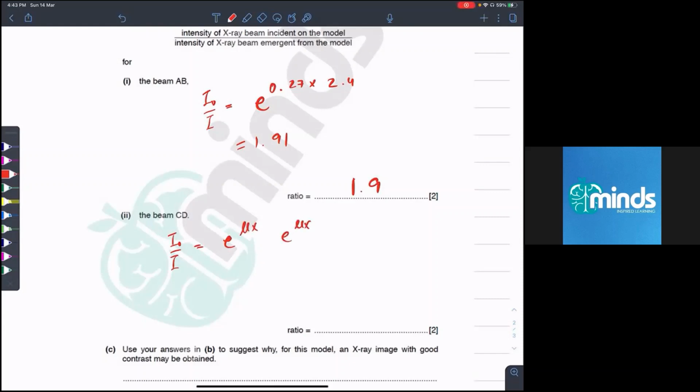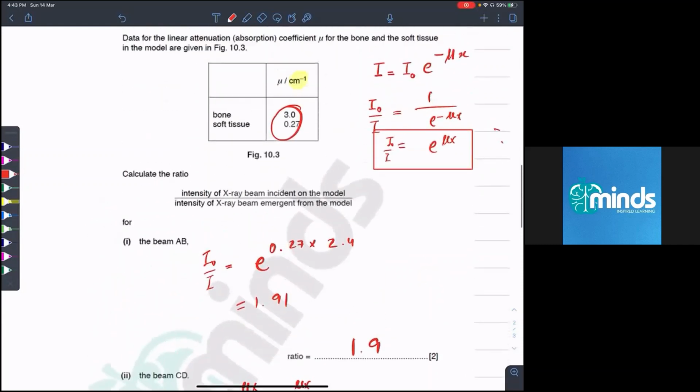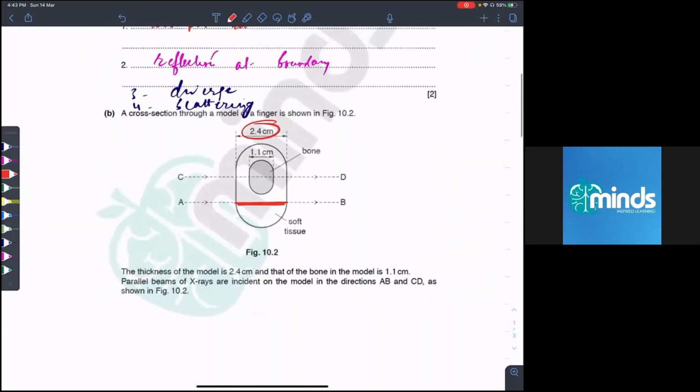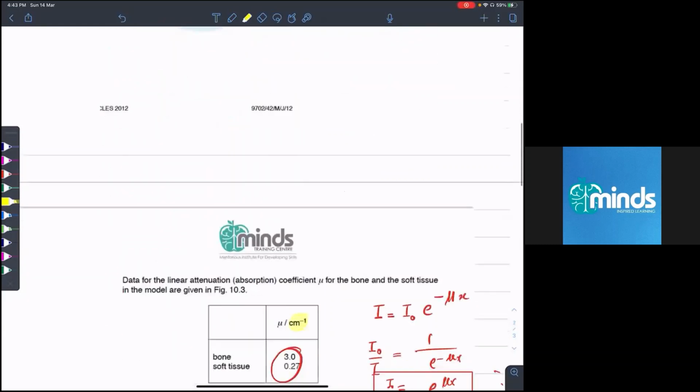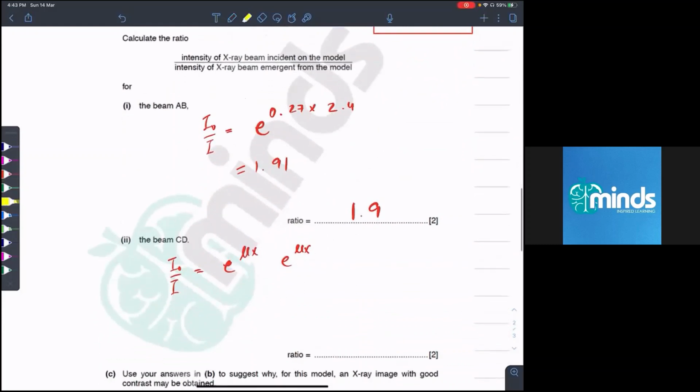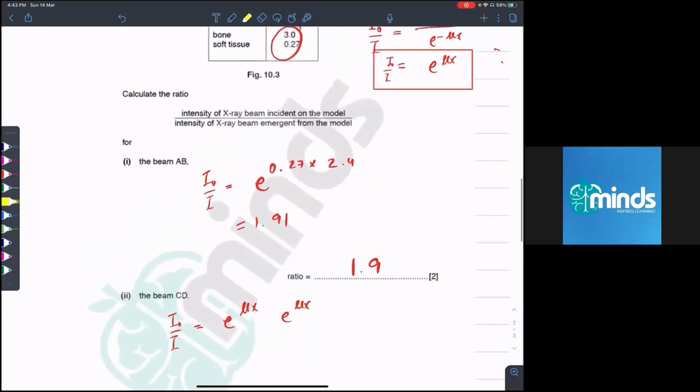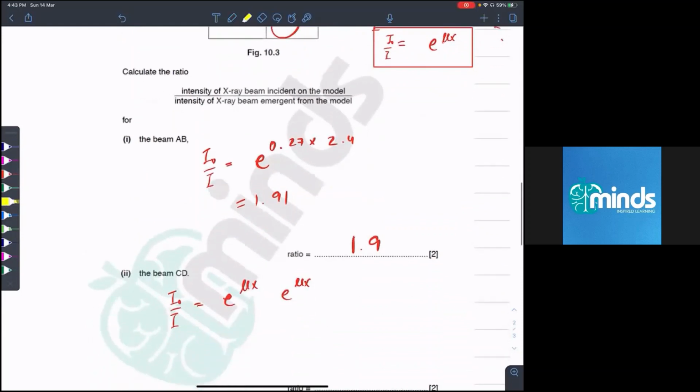If you understand this equation directly, it's fine. Otherwise, form an equation like this, and just combine them. You will eventually get the same equation, because the X-ray beam will suffer attenuation twice, once in soft tissue, which is e power mu x, once in bone, which is e power mu x.